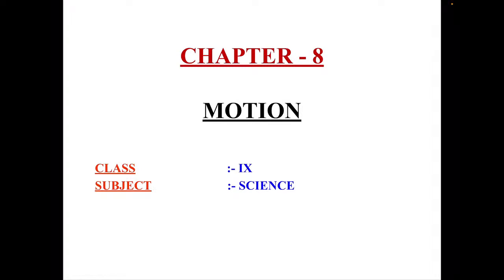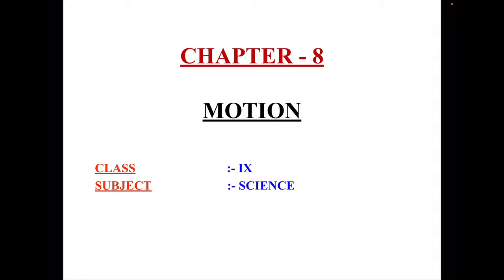And if we are talking about the motion, first we should know the states of object. So basically we have two types of states. First one is state of rest, and second one is state of motion. Whenever we are talking about a state of rest, there are many examples. Example, like a tree.